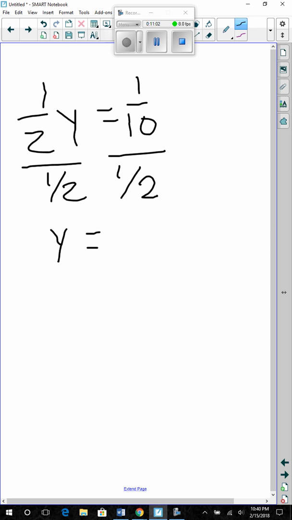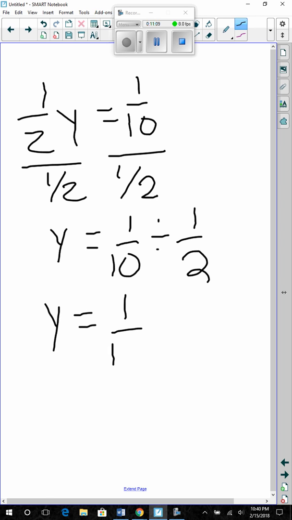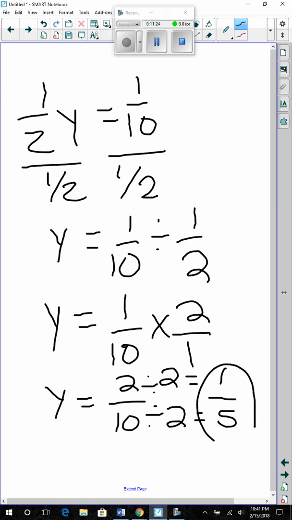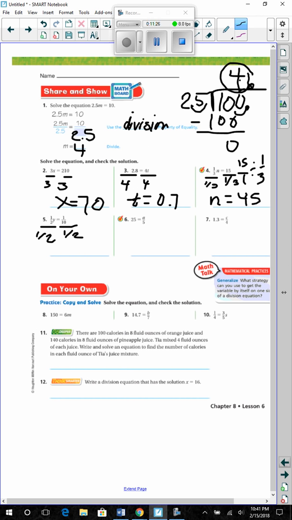Y equals 1/10 divided by 1/2. Y equals 1/10. Change the sign. Flip the second guy. 2 over 10. Both have a common denominator of 2. 1/5. Y equals 1/5.